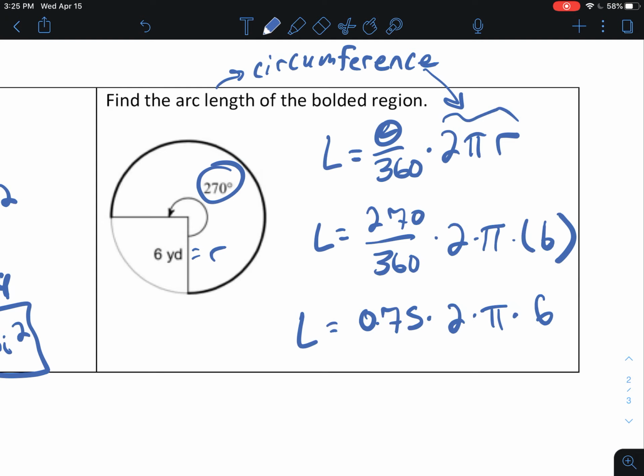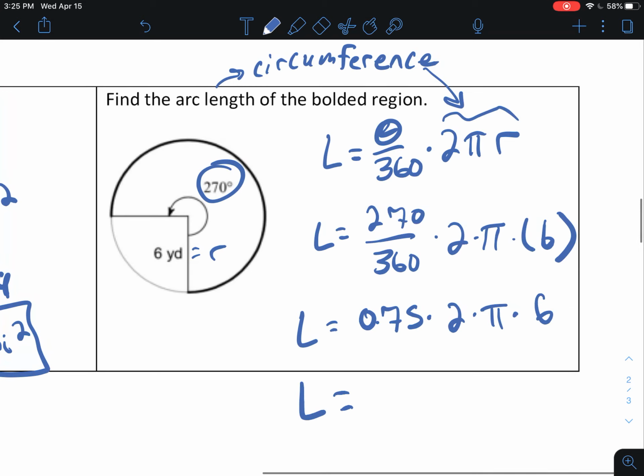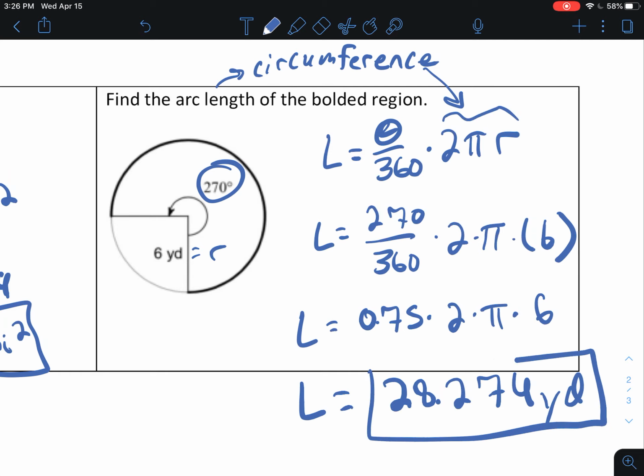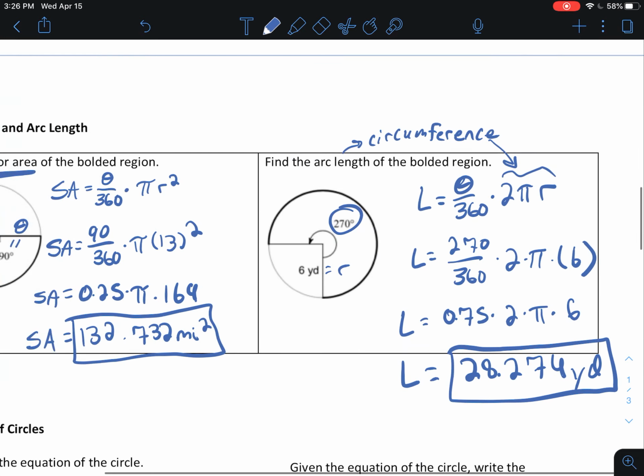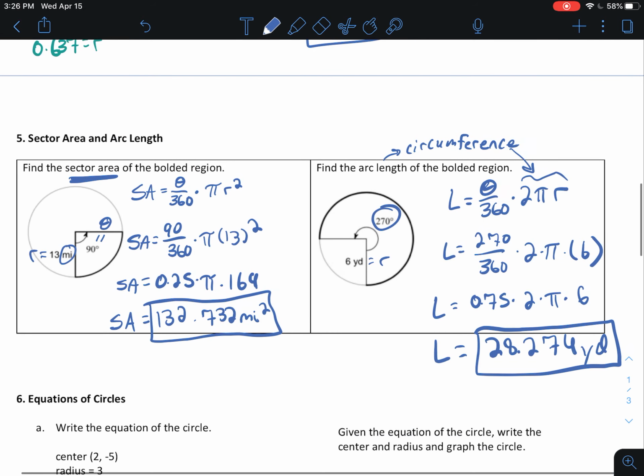That's going to give us L is equal to 28.274, and then the units are yards. Because it's not an area, we don't need to square the units. All right, so that's how you do sector area and arc length.